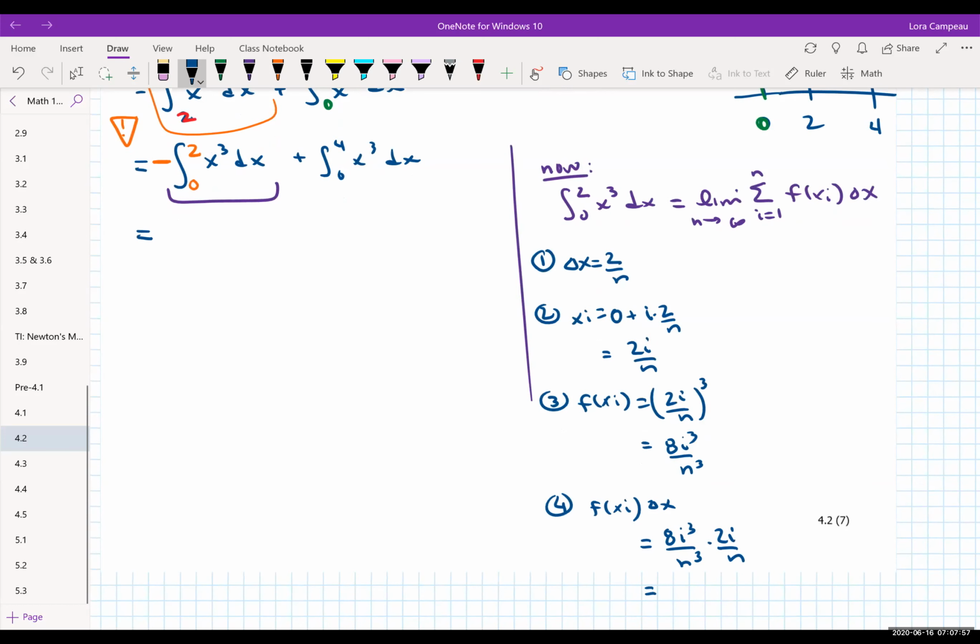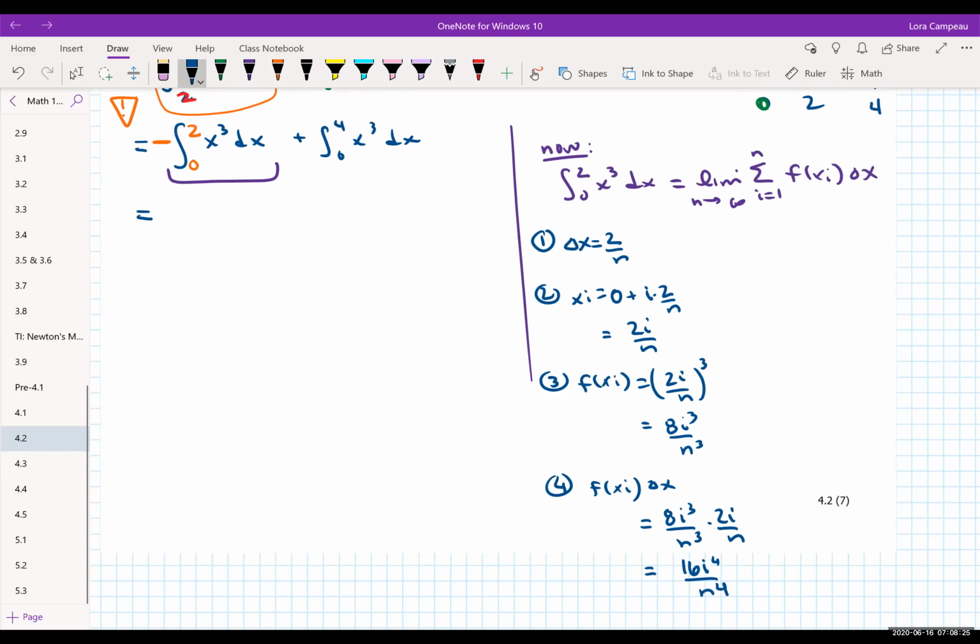So we end up getting, what is that, 16i to the 4th over n to the 4th? Or is it i cubed? Let's look at that a little more carefully. These are f of x. Yep, okay. Fun times. We'll deal with this one.